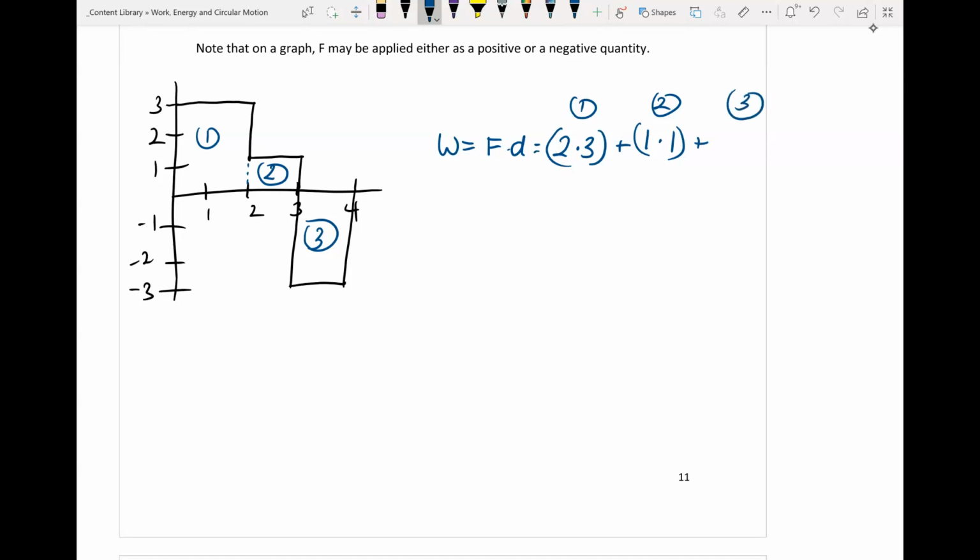And then our last area has a base of 1 and a height of -3. Now we're going to simplify this. So that's 6 plus 1 plus negative 3. 6 plus 1 minus 3 is 5. So our final answer is 5 joules for the work being done described by this graph.